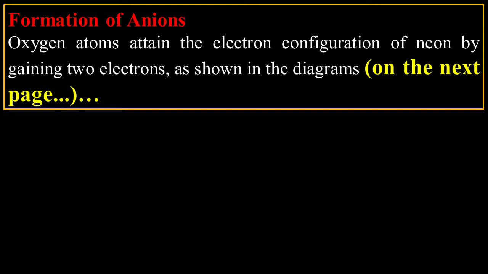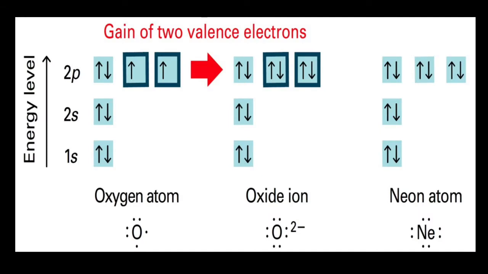Oxygen atoms attain the electron configuration of neon by gaining 2 electrons, as shown in the diagram on the next page. That diagram will be similar to other diagrams that we've seen relative to the formation of the octet based on gaining or losing electrons. So in the case of an anion, you're going to be gaining electrons.